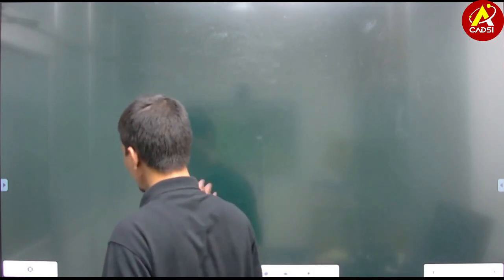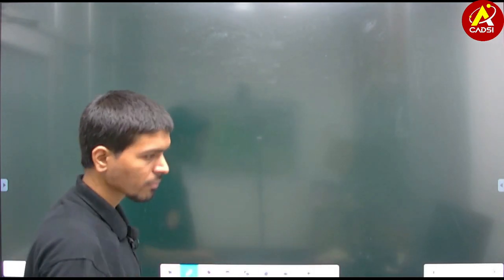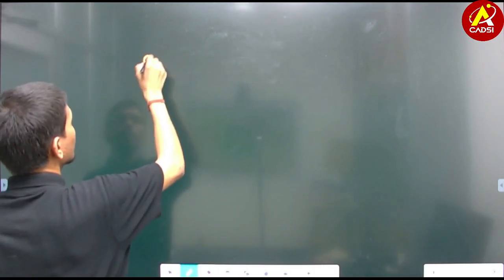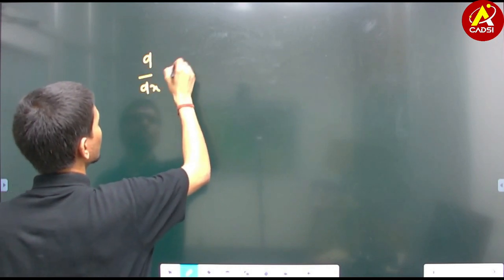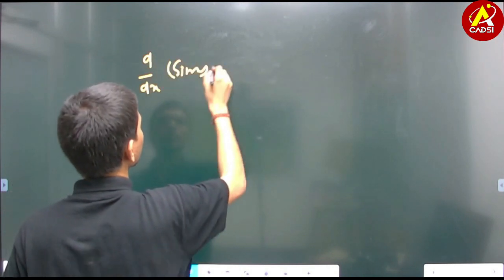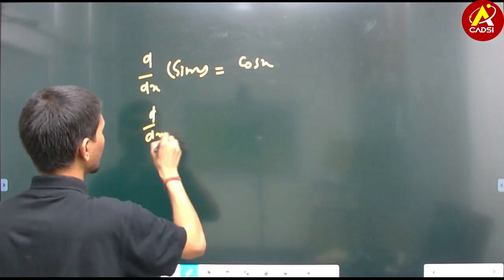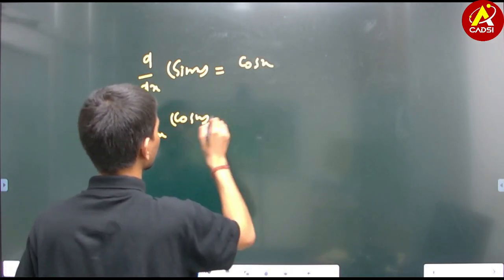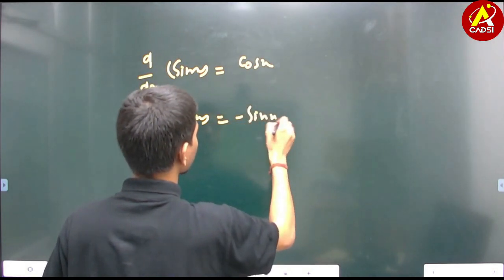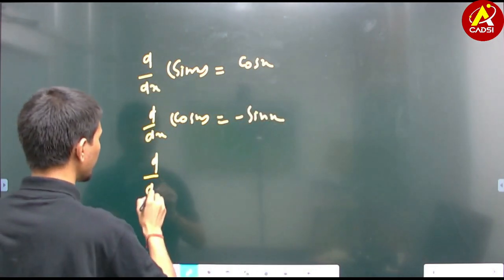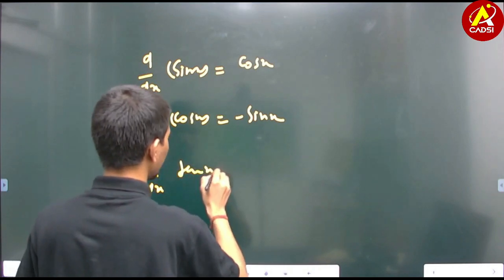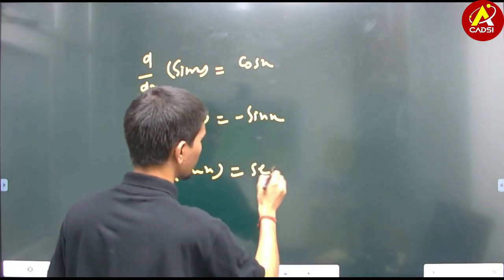Okay, so now derivatives. d/dx of sin x equals cos x, cos x gives minus sin x, tan x gives sec square x.